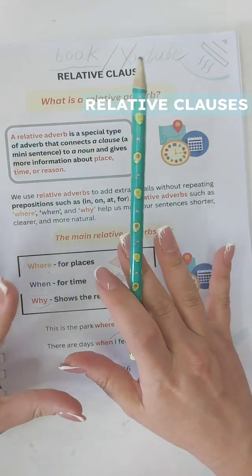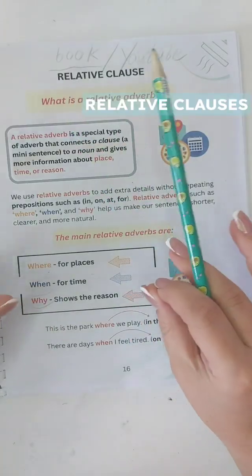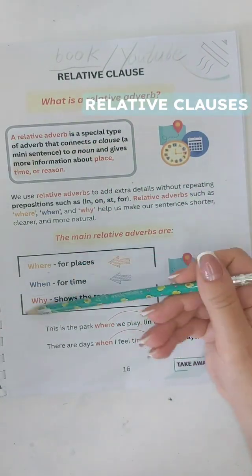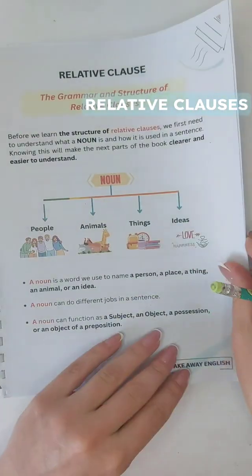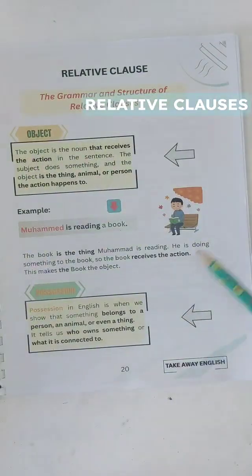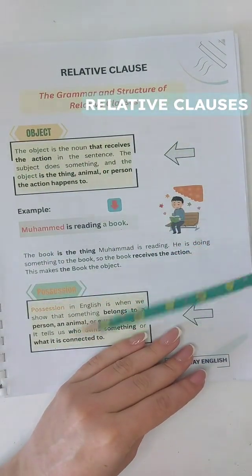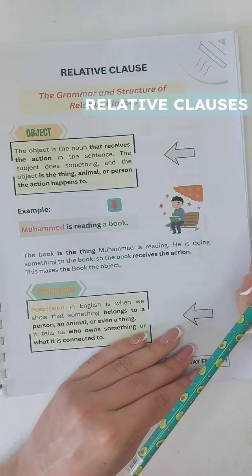However, I don't want you to memorize complicated grammar terms. Just remember these words as relative words. In the book, you will find nouns, different categories of nouns.